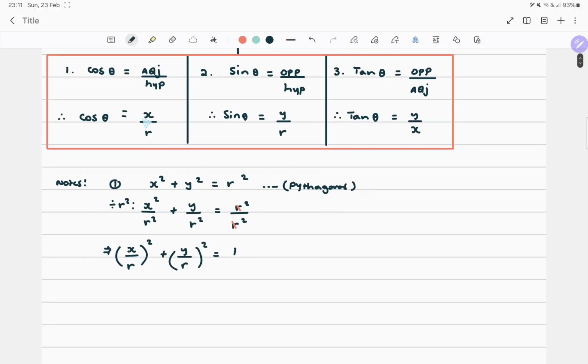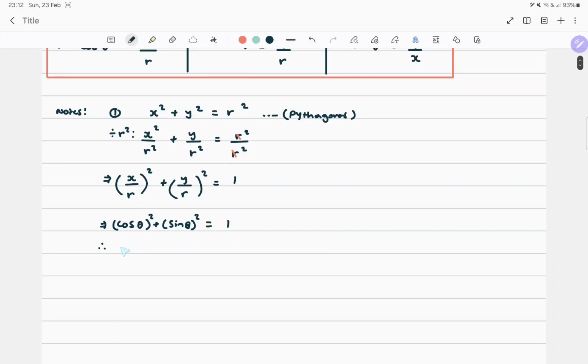What is x over r? It's cos. So we've got cos theta all squared. What is y over r? It's sine theta all squared equals 1. And therefore we will see that cos squared theta plus sine squared theta is 1. And this is the identity that we need to know.